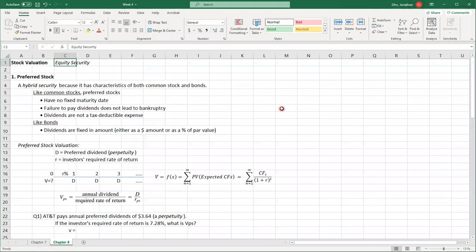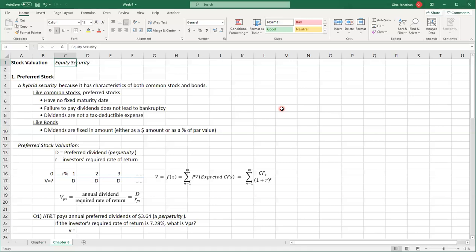Preferred stock has characteristics that are similar to both bonds and common stock, so that's why it is called a hybrid security. It has common stock characteristics because preferred stock has no fixed maturity, like common stock.